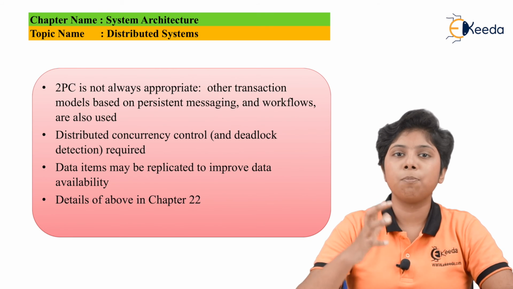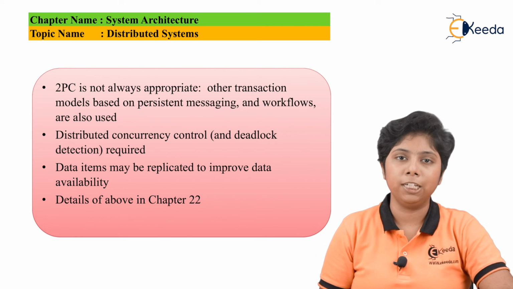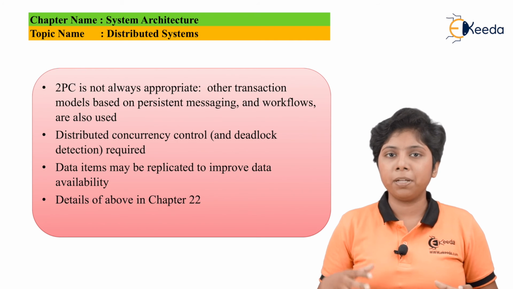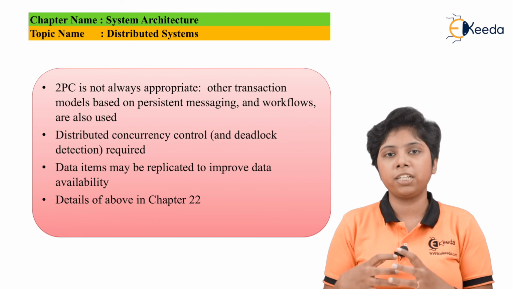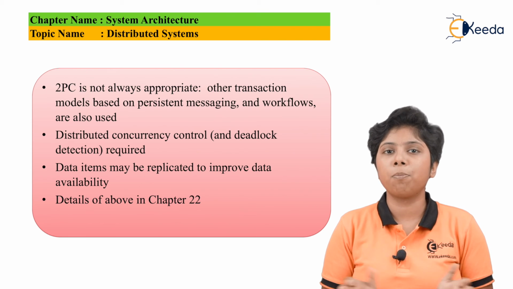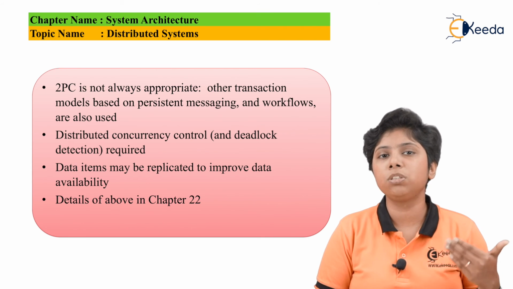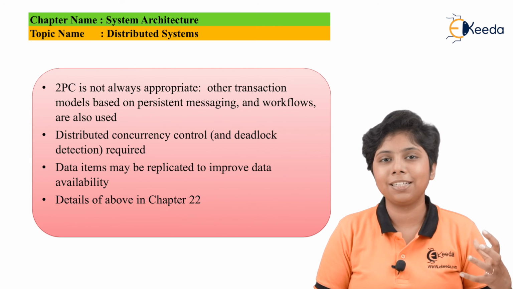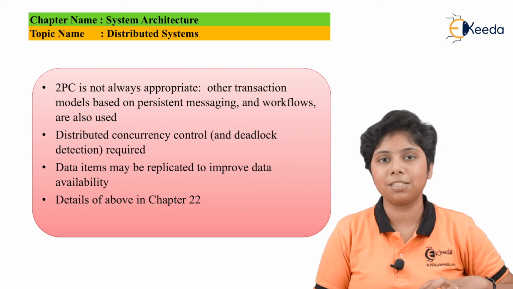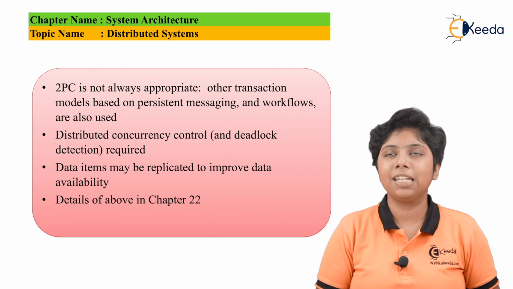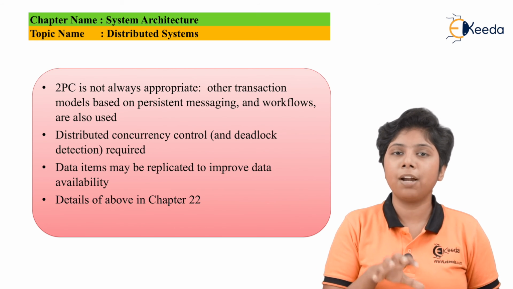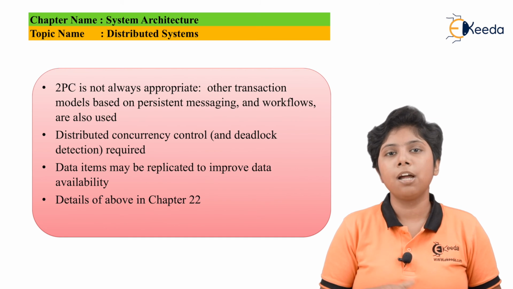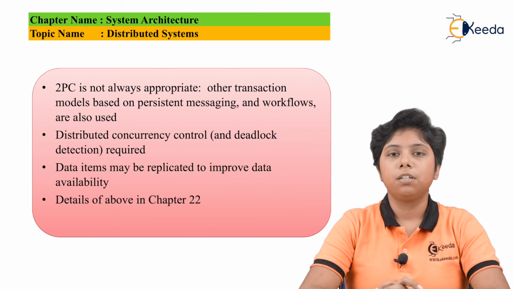The first one is more bugs that are hard to detect. As it is a distributed system, it can also happen that the sites they are using to connect to a network are of different operating systems and are prone to different types of bugs. So when different types of bugs are there belonging to the same database and fetching the same transaction, it is very hard to detect which bug it is happening for and how to detect and recover from the bugs.